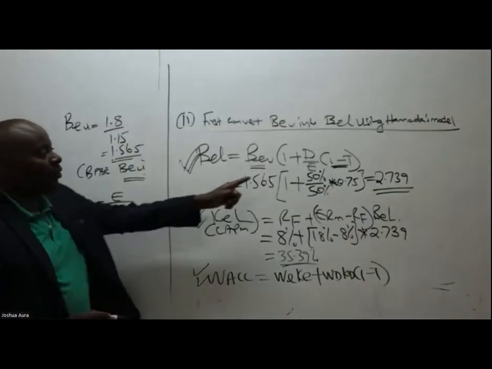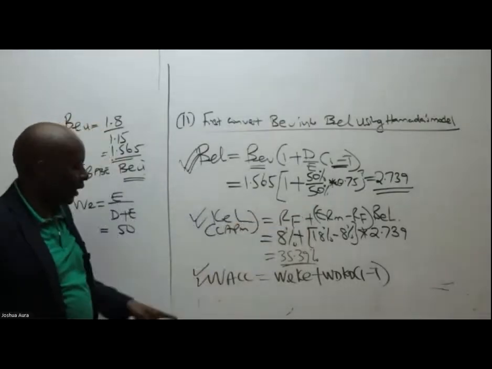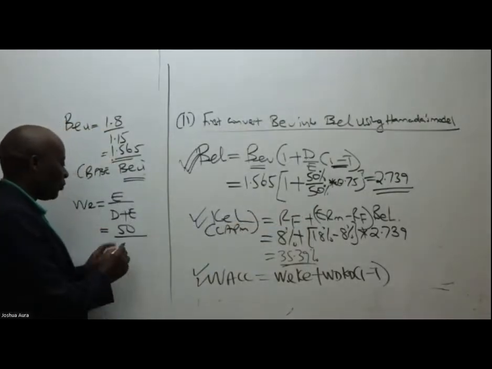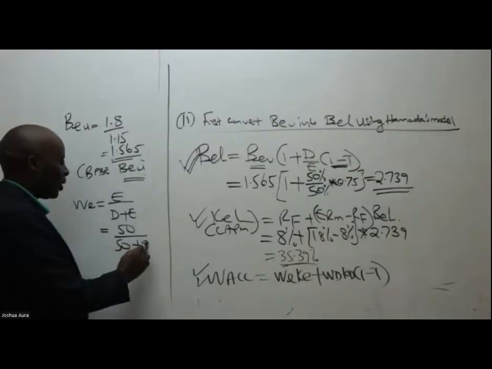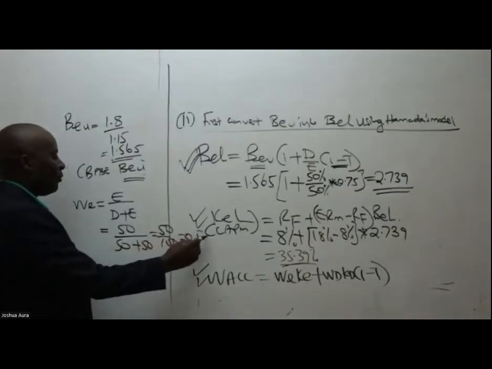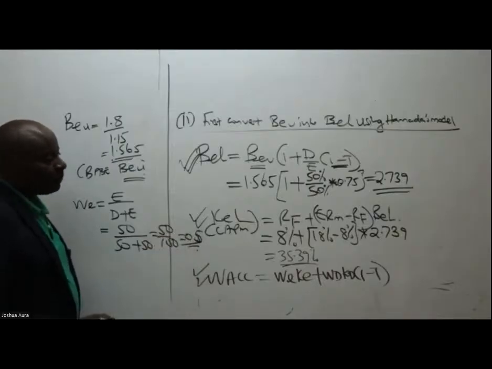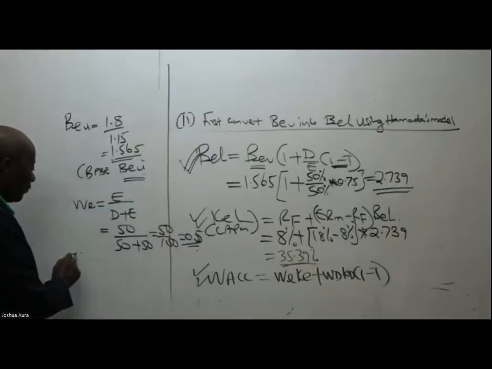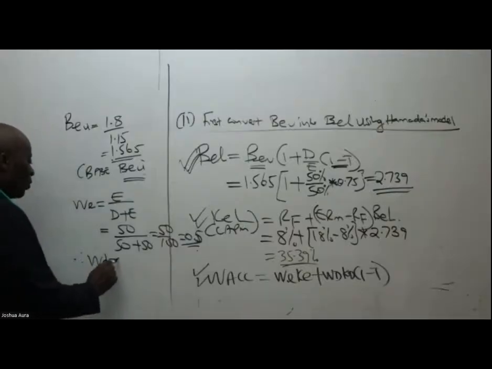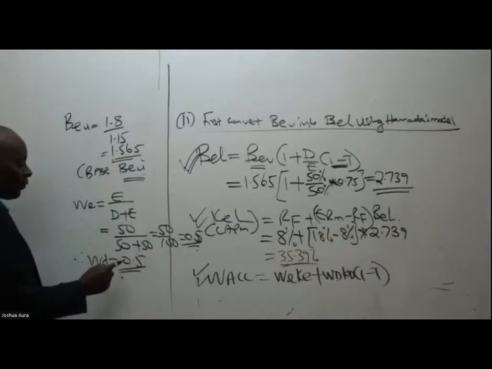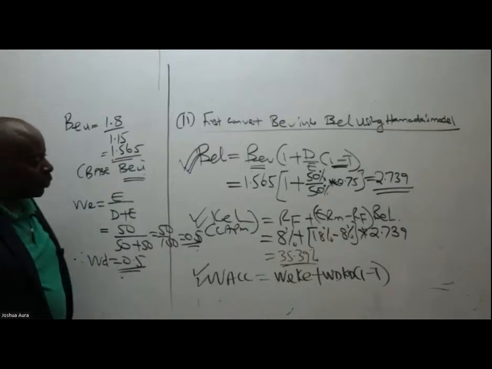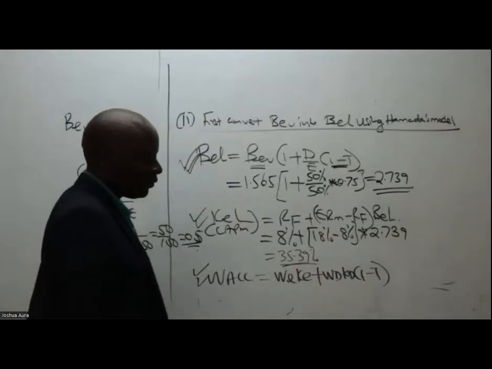It's 50-50: debt is 50, plus equity, which is 50. So this will be 50 over 100, which is 0.5. And then the moment I've gotten weight of equity, weight of debt will also be 0.5.